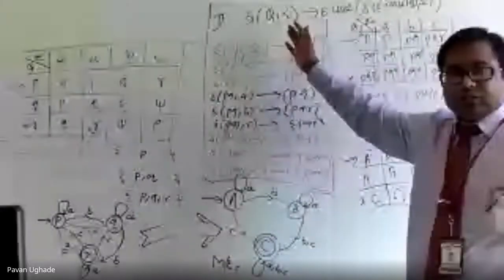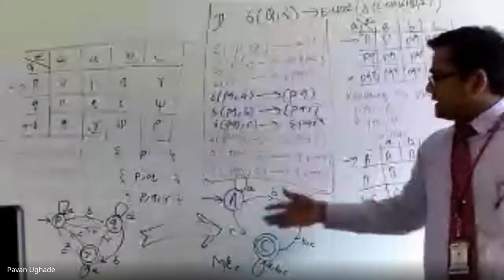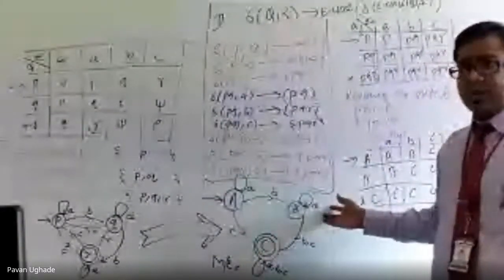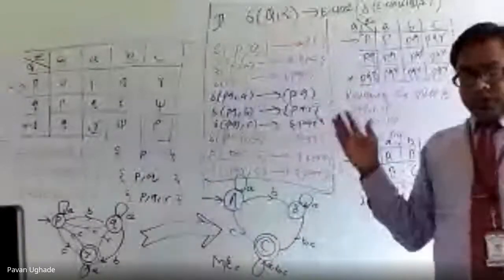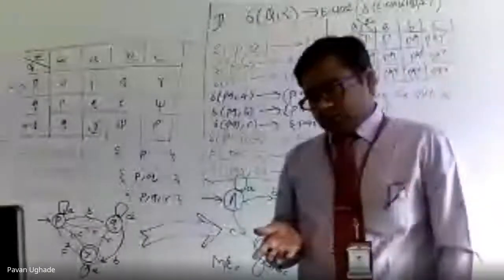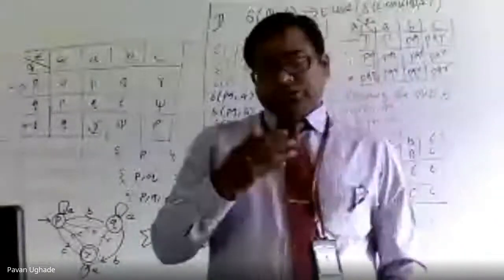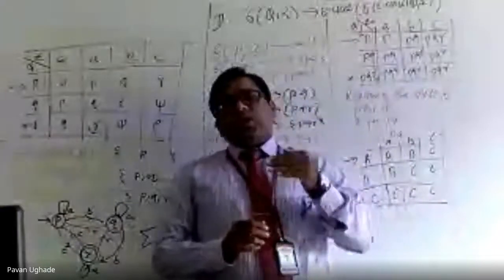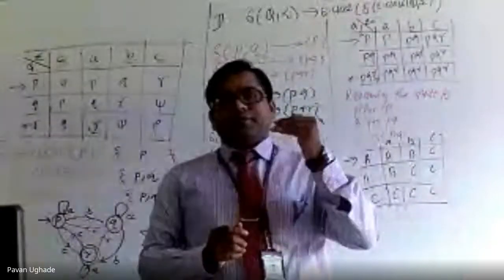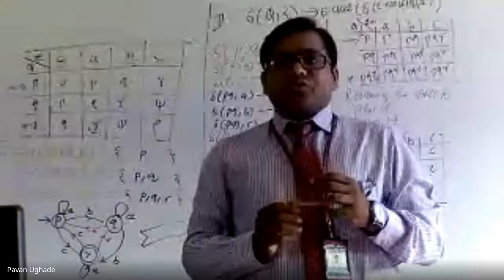If you have any doubt, you can ask, and we'll be taking up the next part, the differentiation between NFA, DFA, and epsilon NFA. In the previous classes, we discussed the differentiation between NFA and DFA. As we got to know about epsilon NFA today, we have a clear idea about epsilon NFA.